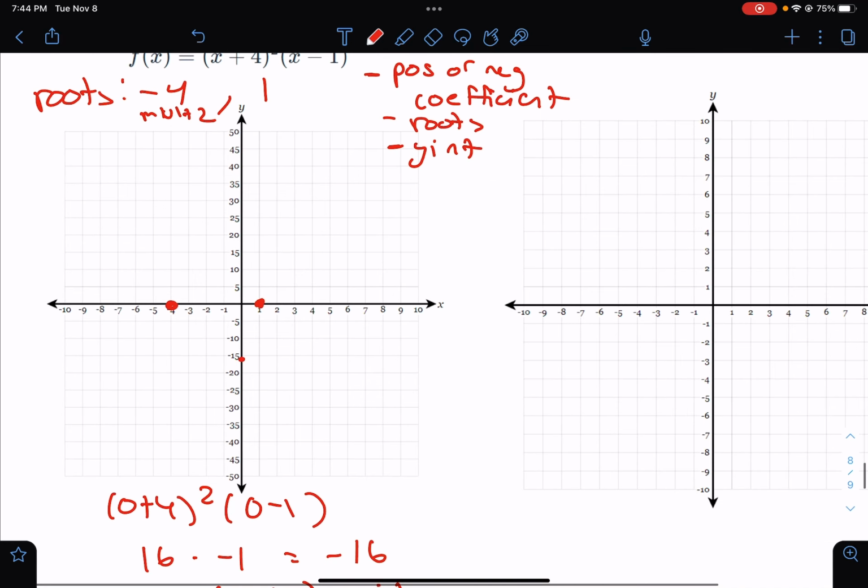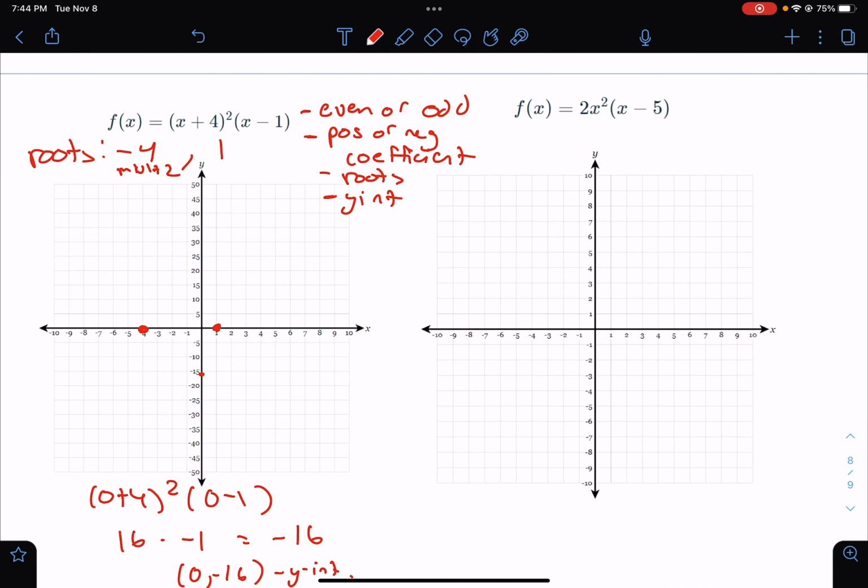All right, now, looking at this, we have a power of 2 here and a power of 1 here. So this one is a degree 3, okay? 2 plus 1 is 3. And we have a positive leading coefficient, all right? So it's an odd degree and a positive leading coefficient.